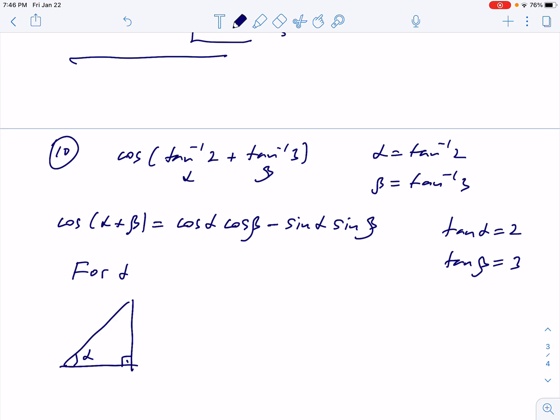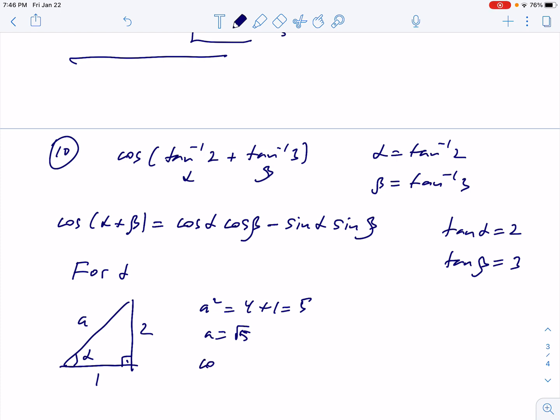We know that tangent alpha is 2. Tangent is opposite to adjacent, so I shall put here 2 and 1. And now I need to find the hypotenuse. If the hypotenuse is a, we have a squared equals 4 plus 1 will be 5. So a will be root of 5.